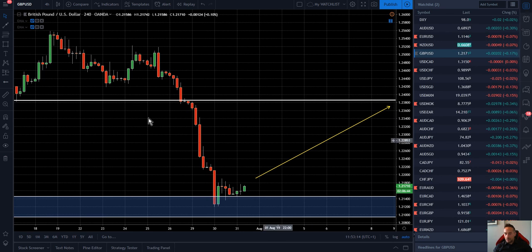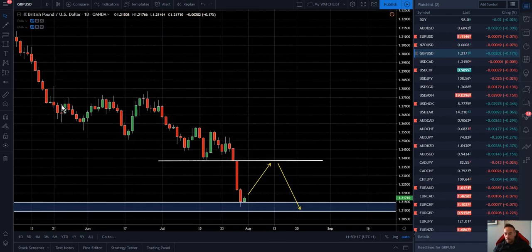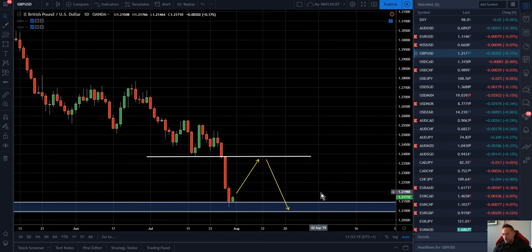Cable, I'd like to see some kind of pullback before selling again, into around 1.239, maybe even the big number 1.24, and we're looking for a bearish reaction. And dollar NOK, really looking to sell at 8.8 in line with the weekly resistance level. So there's a few charts for you to have a look at and have a think about.